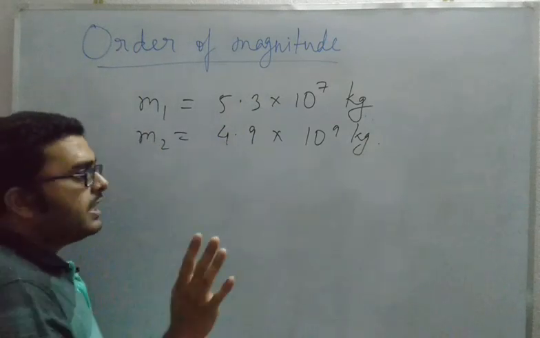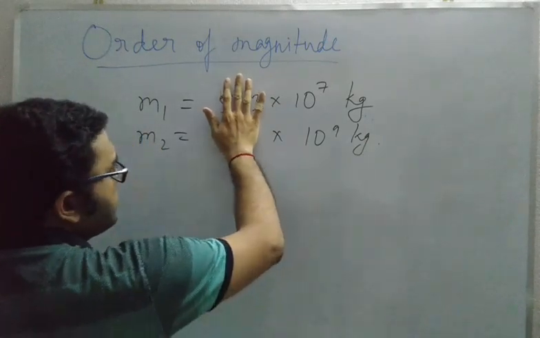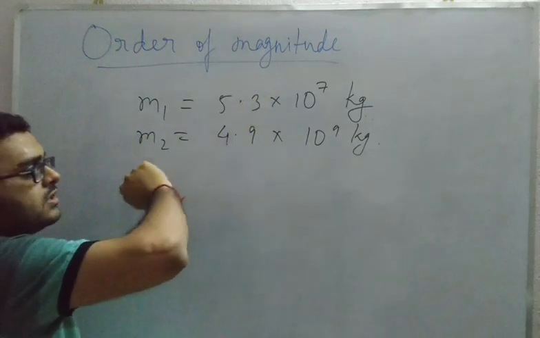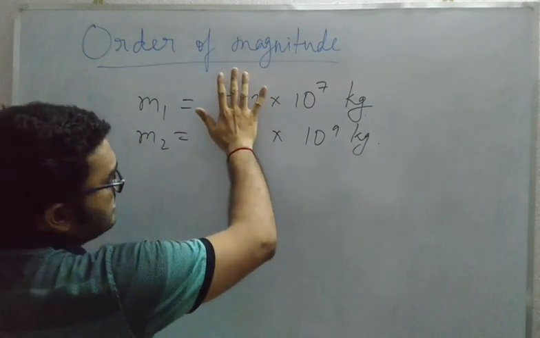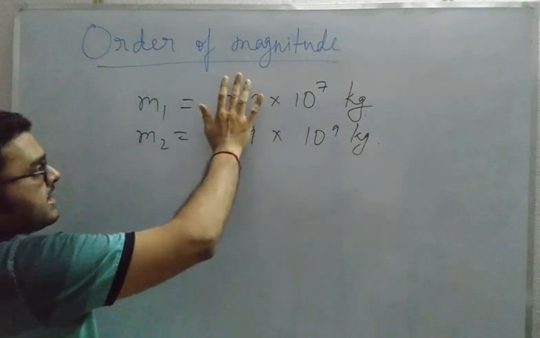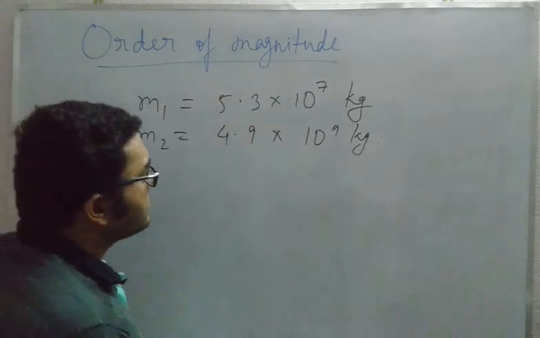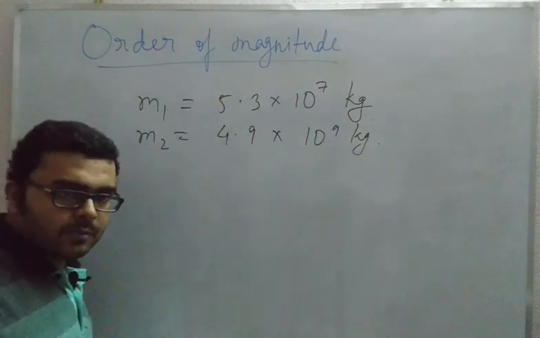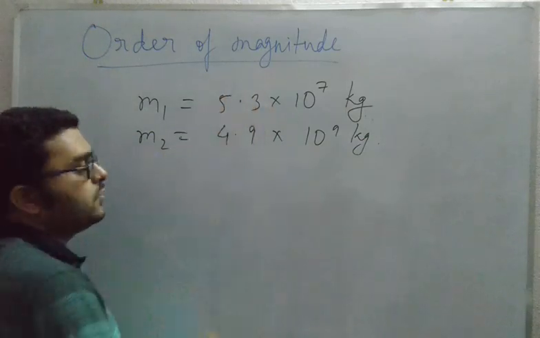No. I can compare those quantities by seeing the powers of tens only. So from this I can easily say that one is 10 to the power 7 kg, one is 10 to the power 9 kg. Obviously, I can say that M2 is greater than M1. So I don't need to see the numerical values.